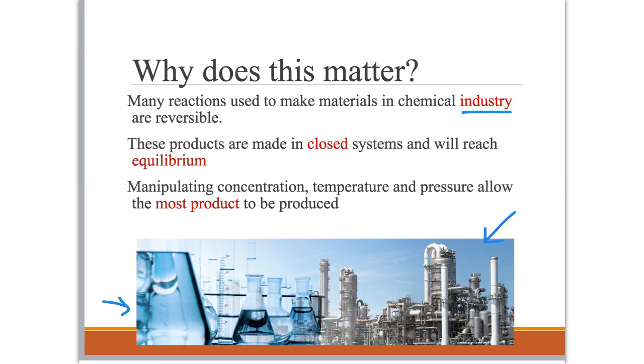So these products are made in closed systems, and because of that, they'll reach equilibrium. And so by manipulating the concentration and the temperature and the pressure, the most product can be produced. And of course, when it comes to industry, that's what you want. You want to effectively produce the most product for those of us to use in our daily lives and to make profit, of course, for the industry.